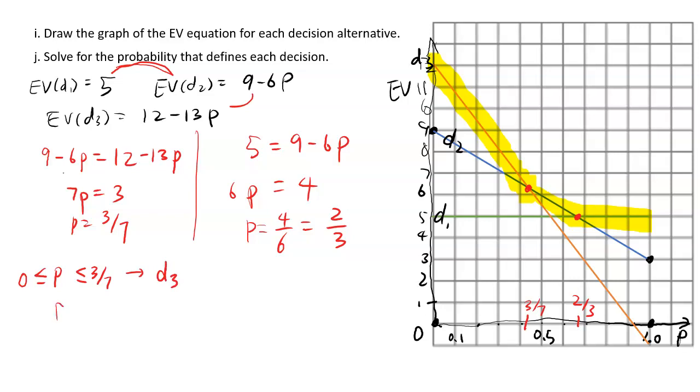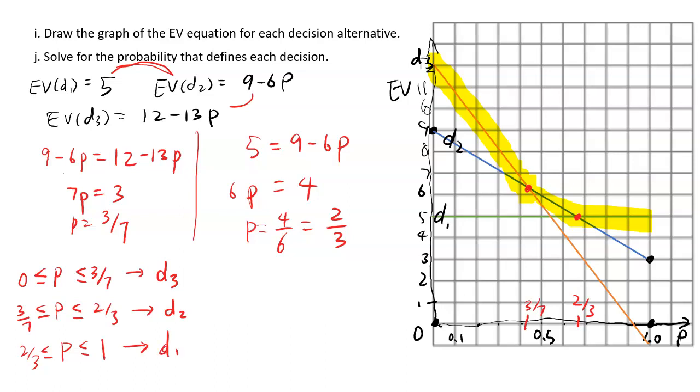If your probability is between 3/7 up till 2/3, then you go with D2. And if your probability is between 2/3 and, probability cannot be more than 1, so the maximum is 1, in that case, you go with D1.